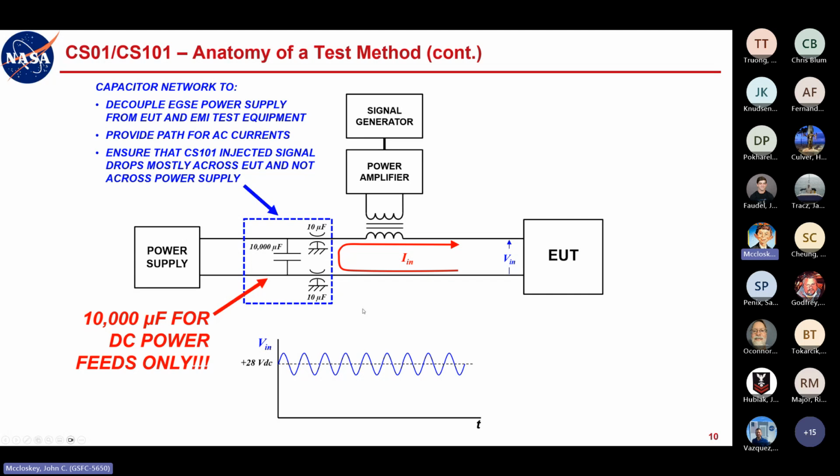And again, this 10,000 microfarad is to be included for DC power feeds only. You'll find out pretty quickly if you try to use that on an AC feed. And also, that's a polarized capacitor, so dropping that potential below zero is also something you'll find out about really quickly, but it's probably better to not put it in the first place.